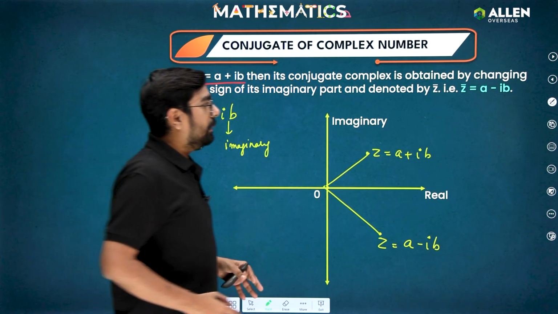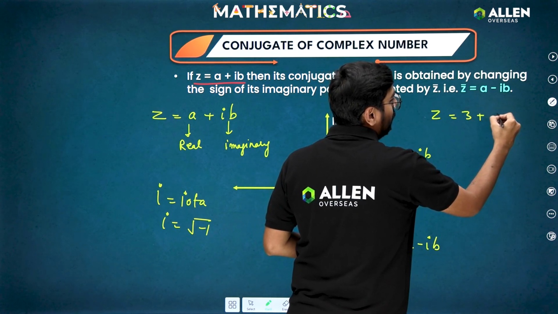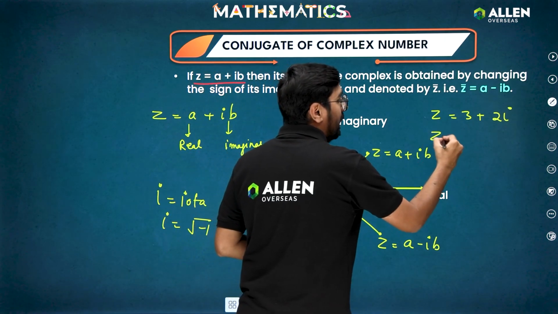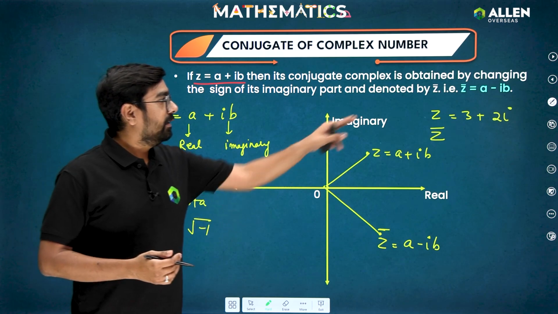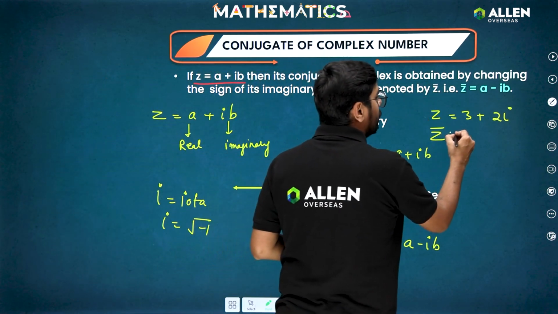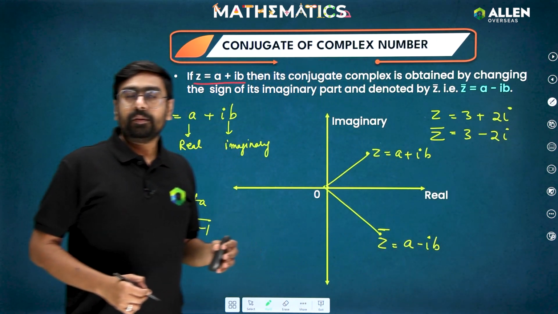So if I'm talking about a complex number z equal to 3 plus 2i, then its conjugate, which will be represented by z bar, is 3 minus 2i in this case. We represent the conjugate by a bar over z.